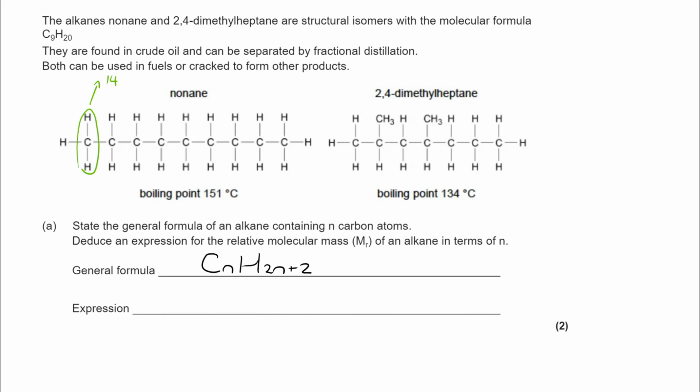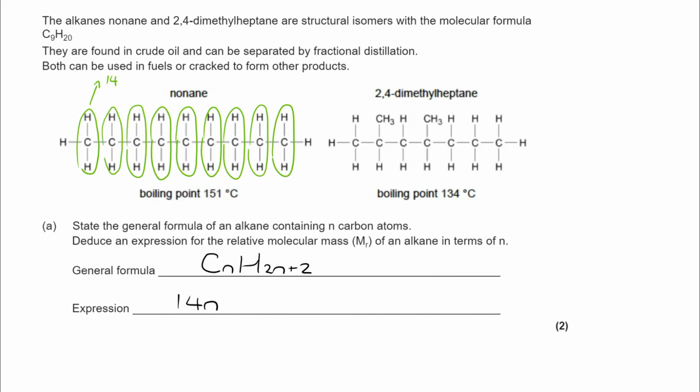In fact, I've got n of them. So my total Mr for all of these components is 14 multiplied by n, or 14n. But what an alkane will always have is an H on each end of the carbon chain. So for that reason, it becomes 14n + 2.